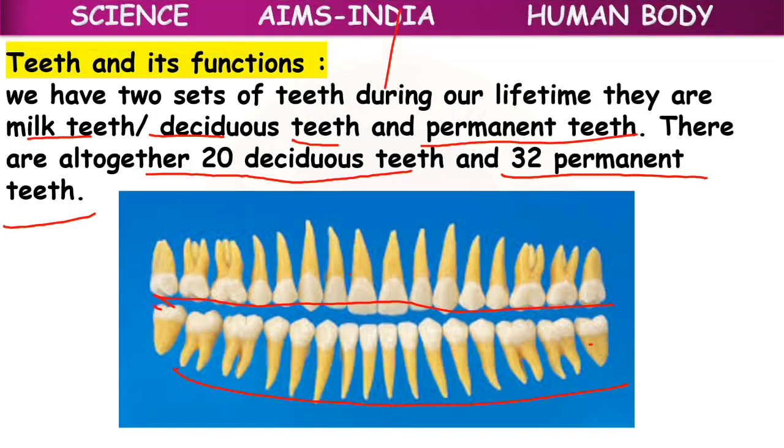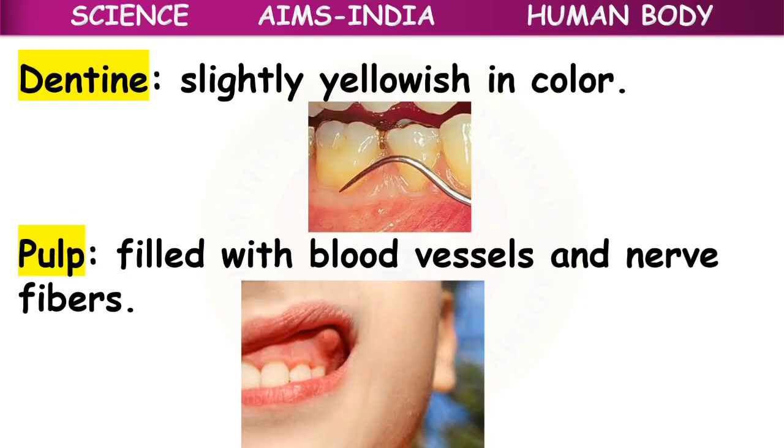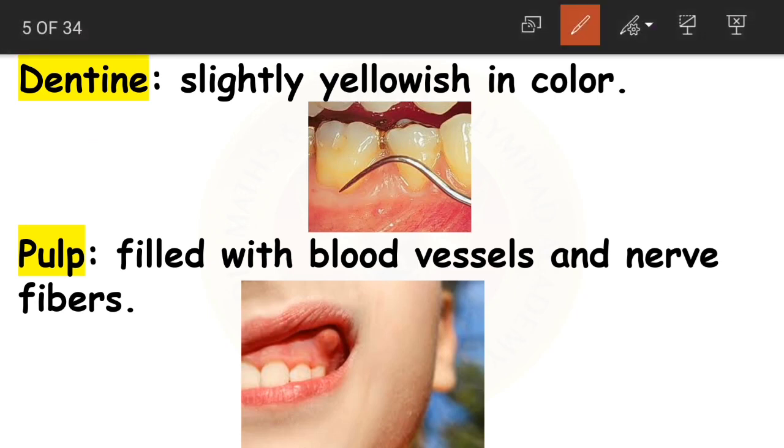Clear, children? So what does a tooth look like? Sometimes some teeth look slightly yellowish in color. Are you able to see it here in the picture? We call this slightly yellowish part dentine.